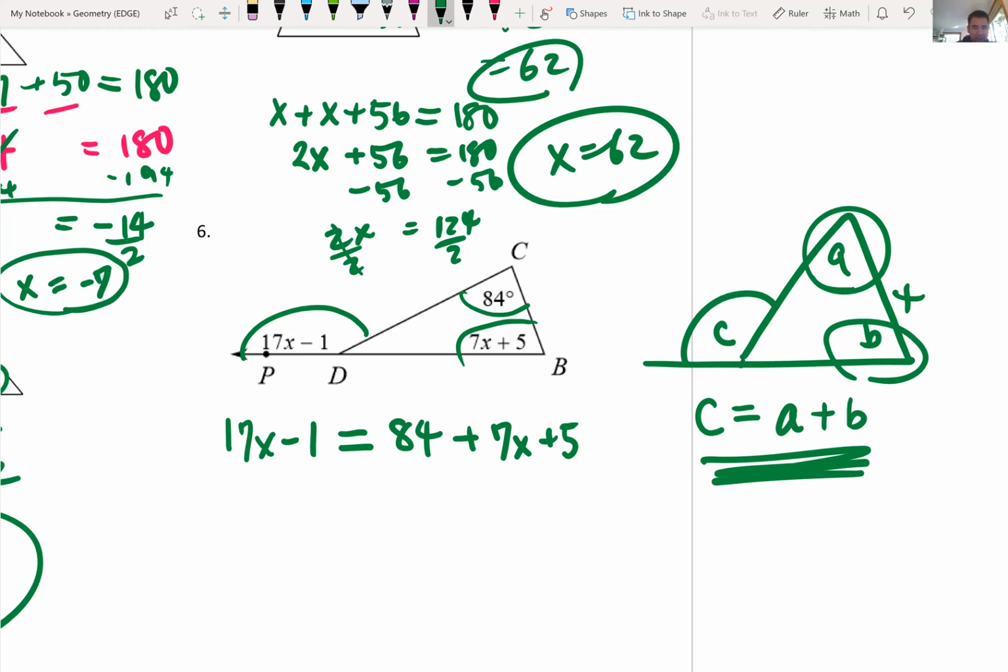So let's see, what can we do first? Subtract 7x. So that's gone. So that would be 10x minus 1 equals 84 plus 5. That's 89.